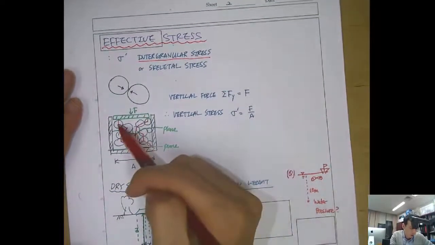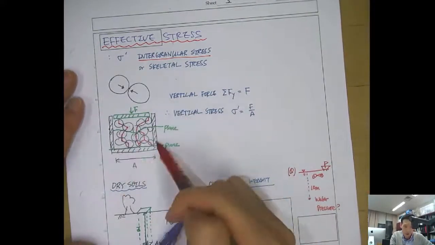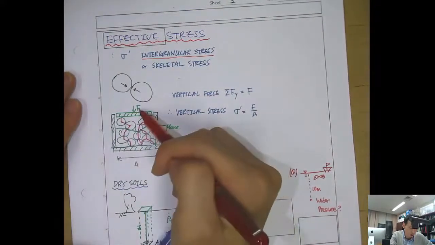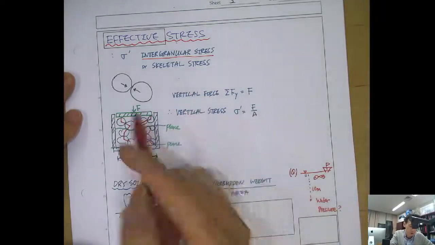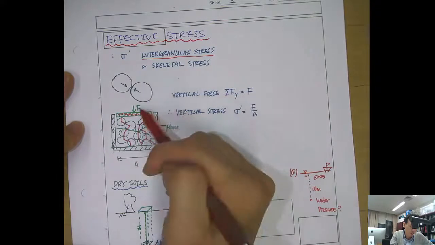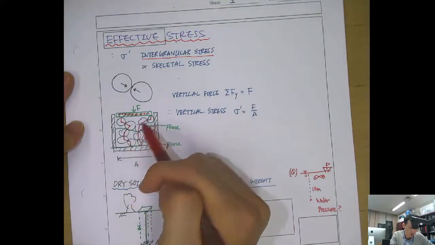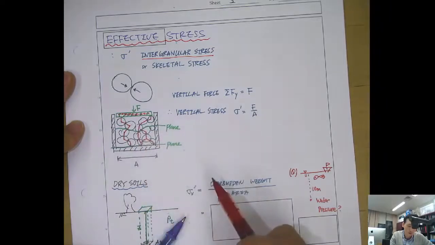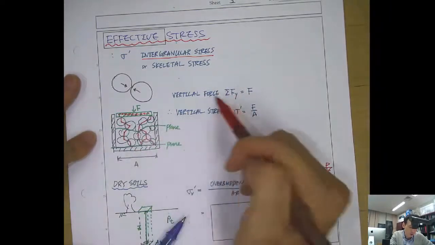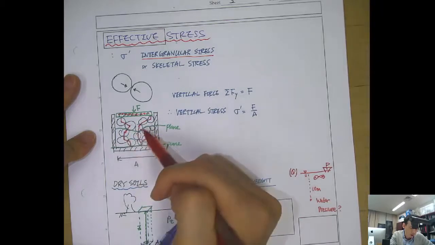So when you think about a sand pack or soil pack in a container, if you apply force with a loading plate, then this force F will be transferred and carried by these soil grains, right?